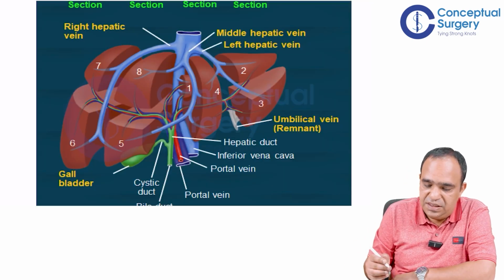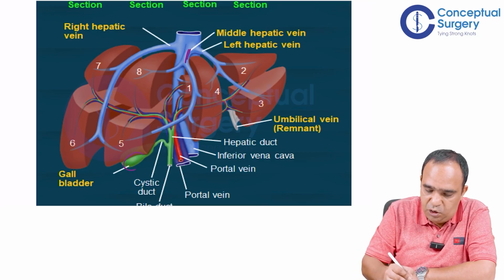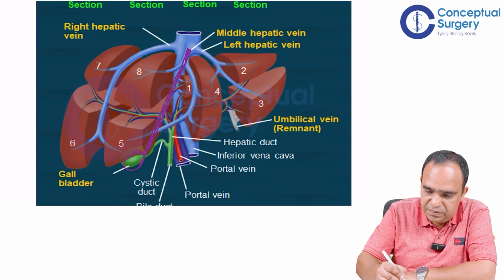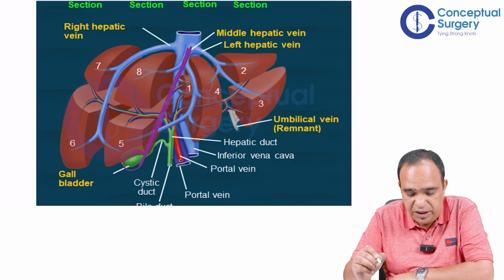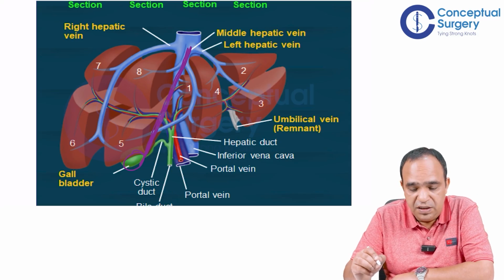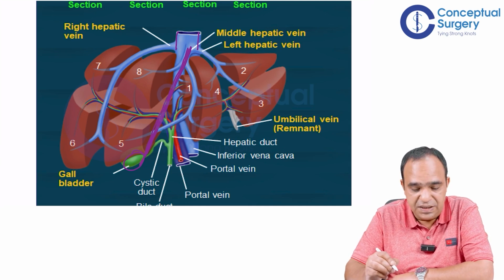As you can see here, this is the middle hepatic vein. This is the gallbladder. So this is Cantlie's line, the line joining the gallbladder to the left side of the IVC, or the middle hepatic vein more precisely.